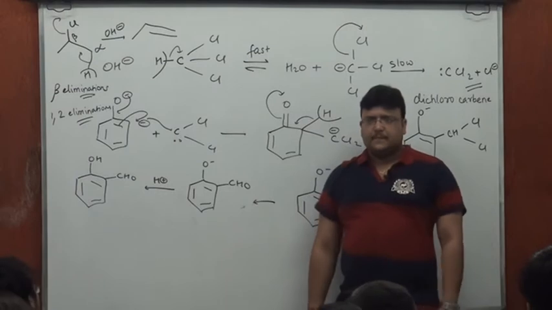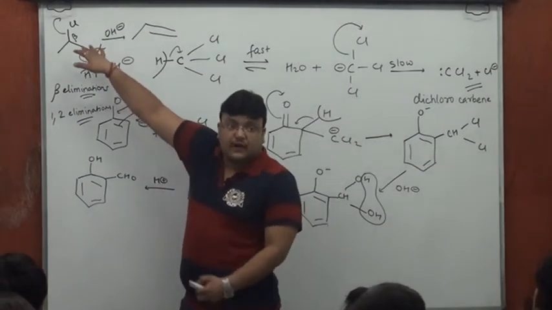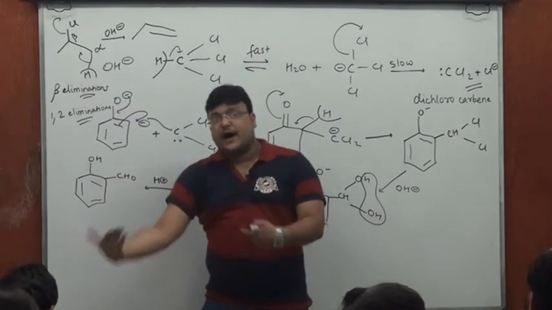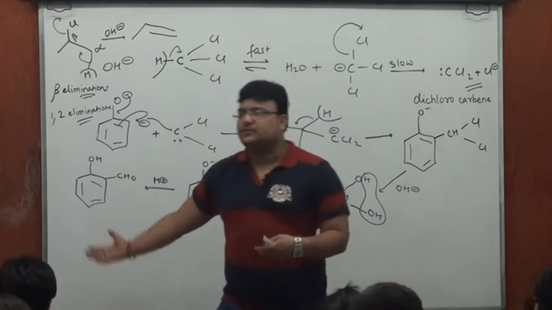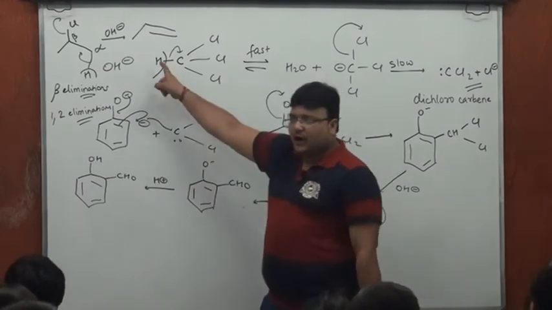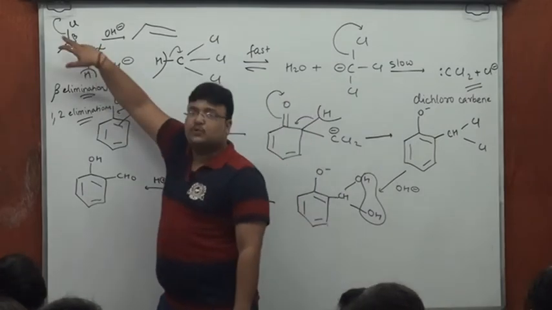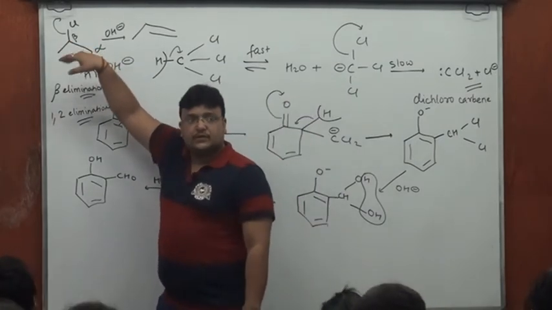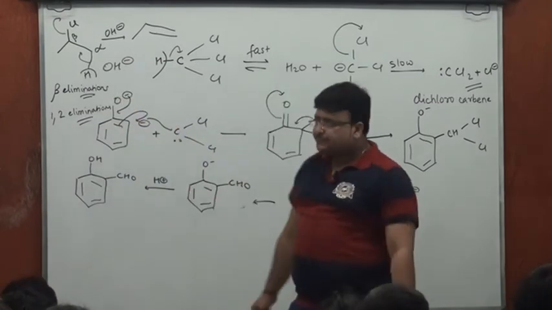elimination. In both the cases, I was taking out hydrogen from one carbon, I was looking for the alpha carbon, I was looking for the alpha hydrogen. The carbon having lesser number of hydrogen atoms used to lose hydrogen, but I was looking for the alpha carbon and alpha hydrogen. So hydrogen and halogen going from two different carbon atoms, they all were beta eliminations or 1,2 eliminations.